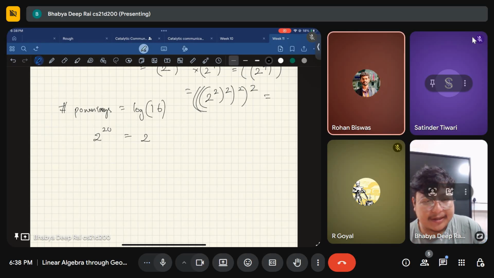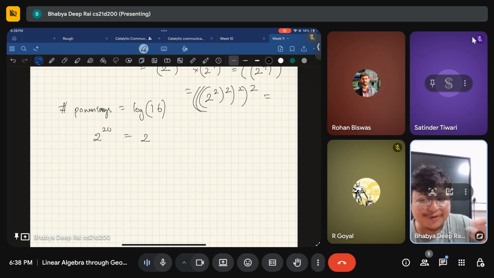Right. But what will you do about 20? You can choose the closest power of 2 which is less than 20, which is 16, and do times 2 to the 4.